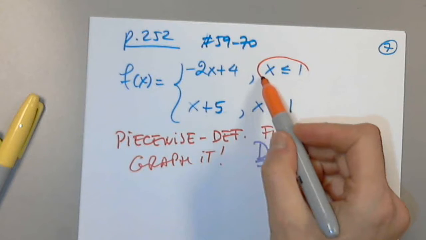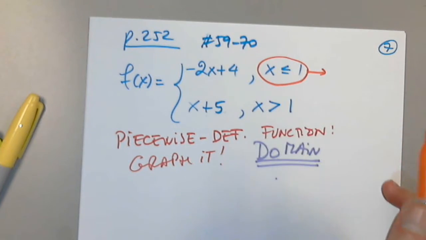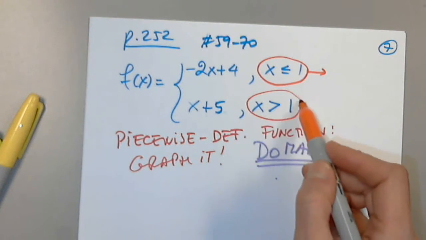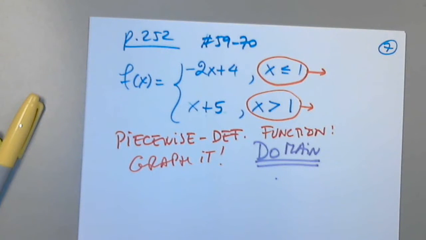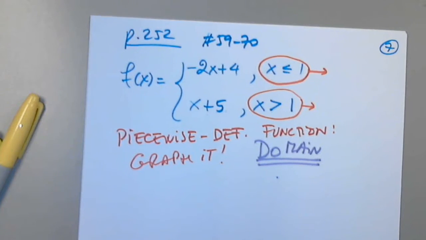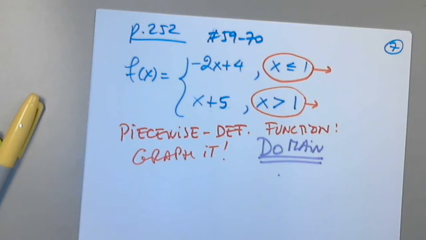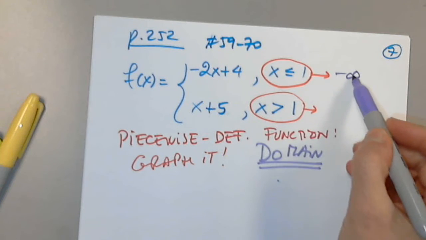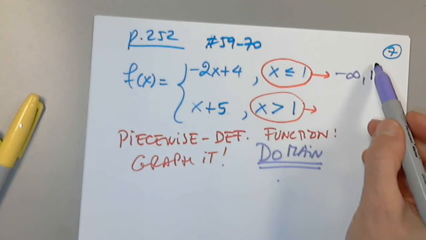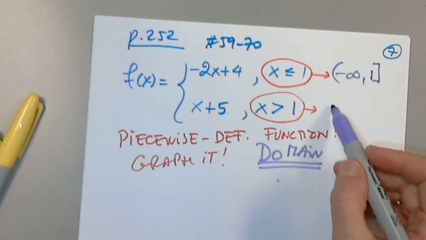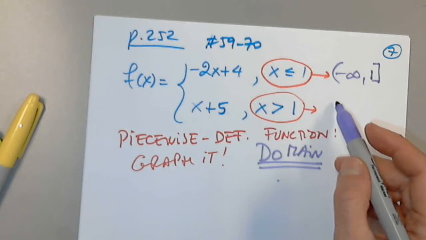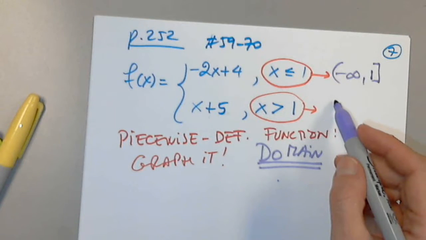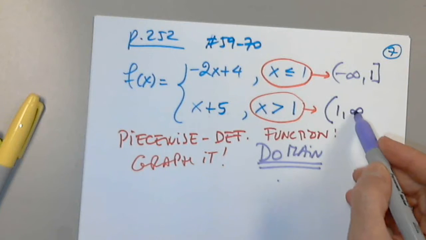So please replace this with the interval notation for me, and replace this with the interval notation for me. Negative infinity, comma, 1 bracket. Awesome. 1, comma, infinity. Very good.